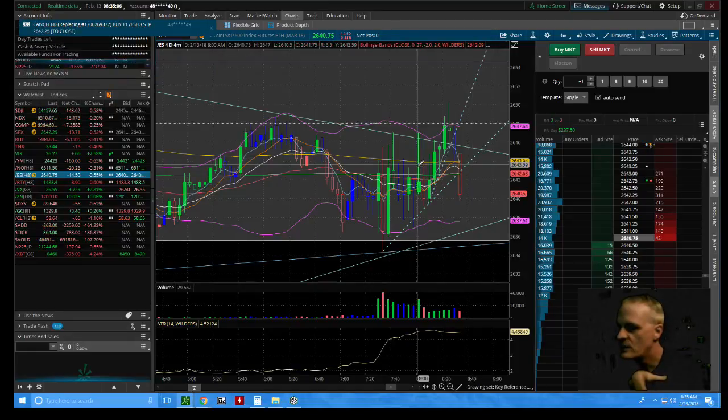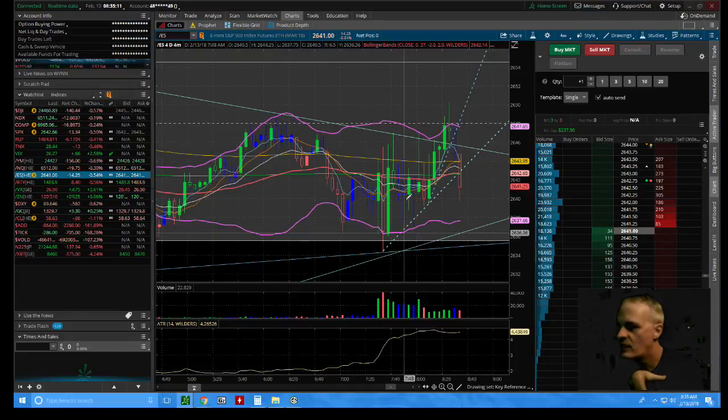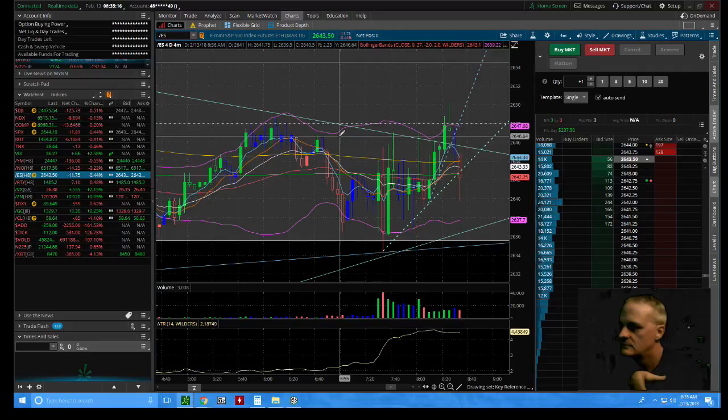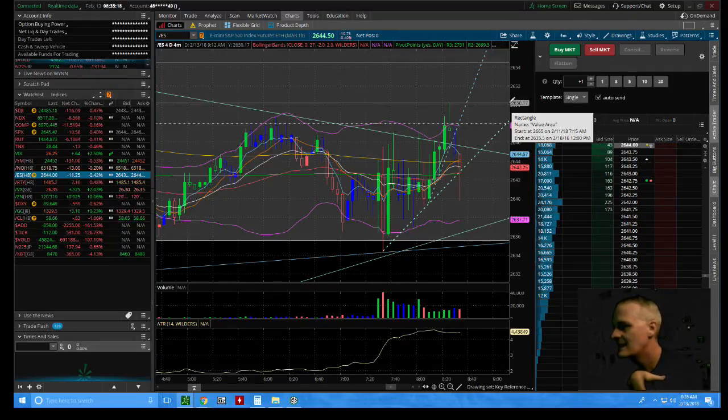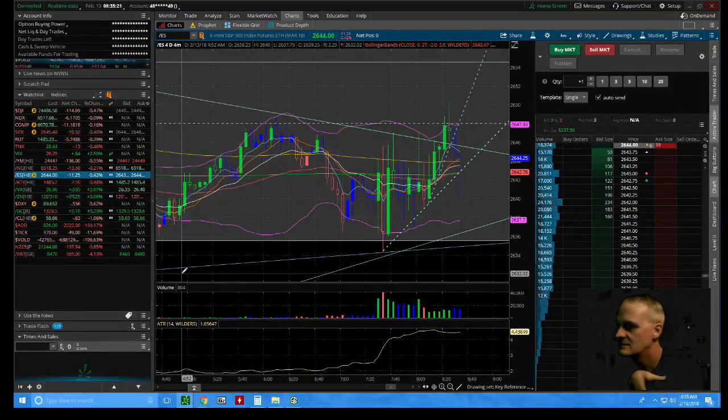So that was basically kind of a squeeze play where I was tightening my stops, and I could see it looked like momentum was starting to weaken. So I started bringing my profit target in a little bit. So I got out of that for a small gain.